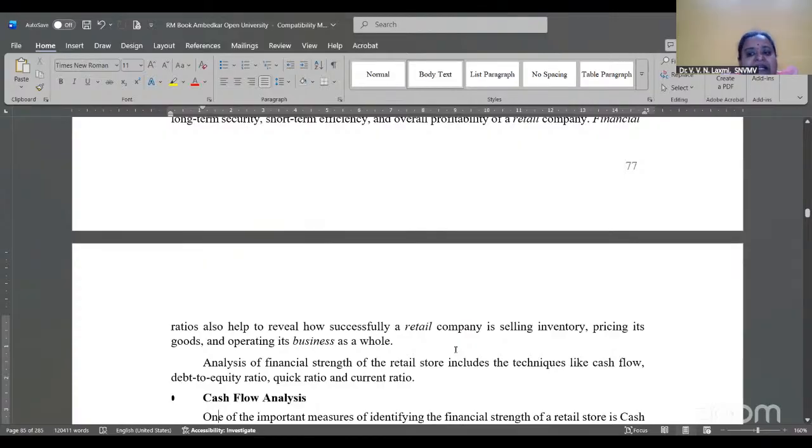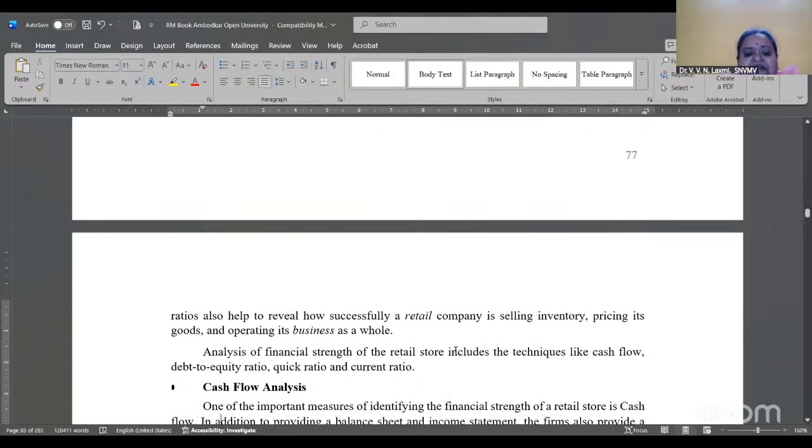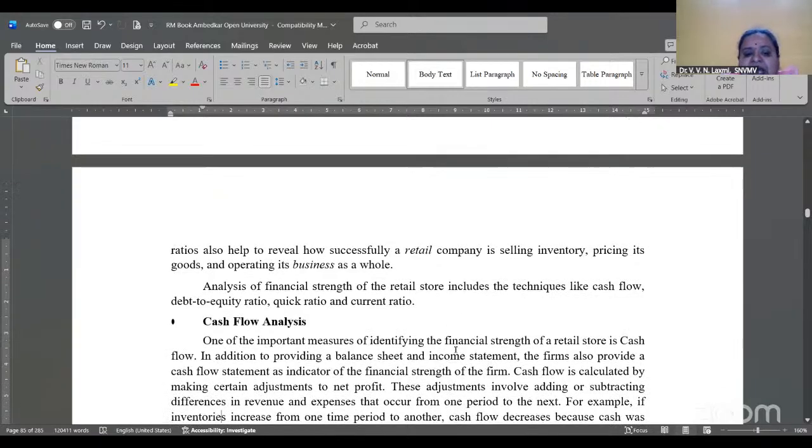I'm not going in depth about the calculations and others, because that will be covered in the finance elective. It is enough if we understand that these are the techniques that will be used by retailers to understand the performance of that particular retailer, and also the profitability of that retailer.